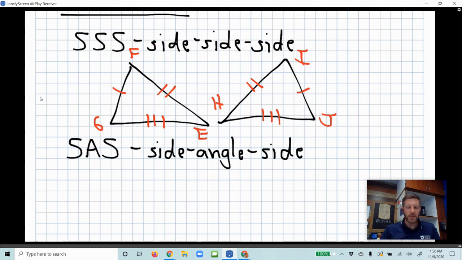Because if those 3 sides are all congruent, then I can automatically know that all of the angles are congruent. So 3 steps are enough.